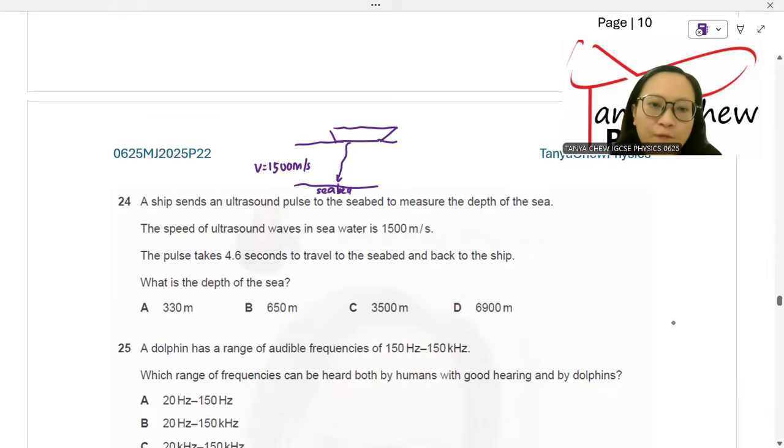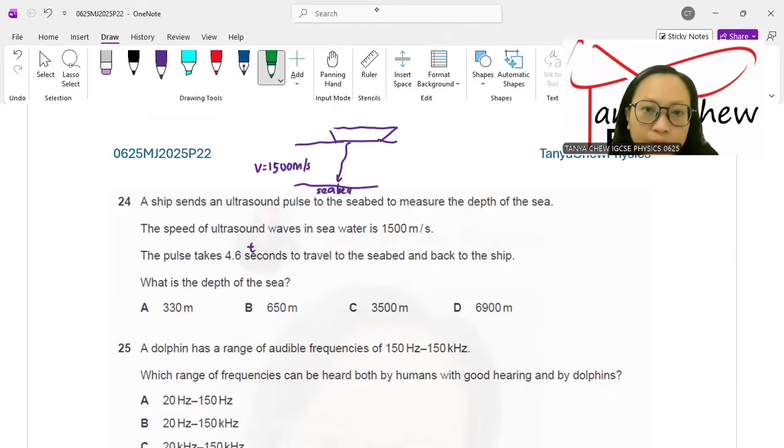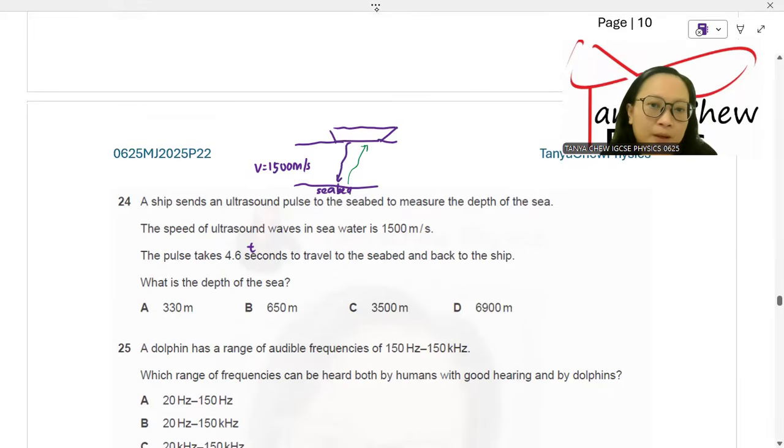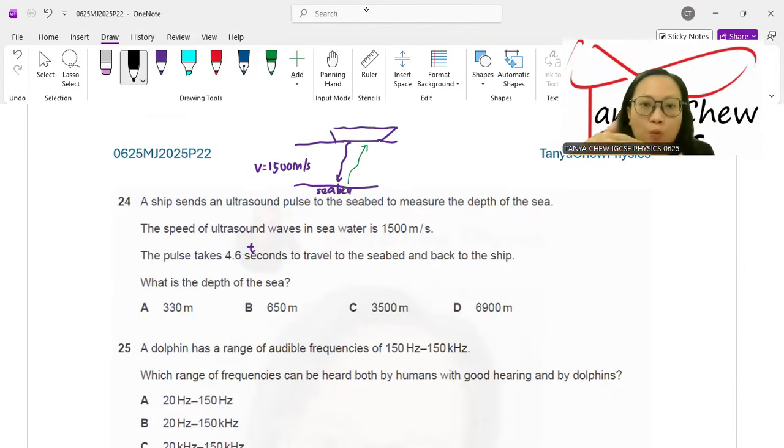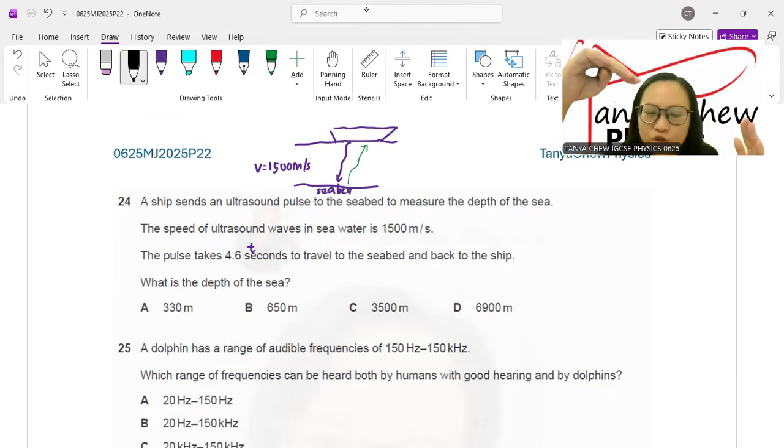The pulse takes 4.6 seconds. This is the time to travel to the seabed and back to the ship. Seabed, ship sent down, and then from the seabed going up to the ship to receive, so that the ship will know the real depth of the seabed, right? So the ultrasound is traveling to and fro.